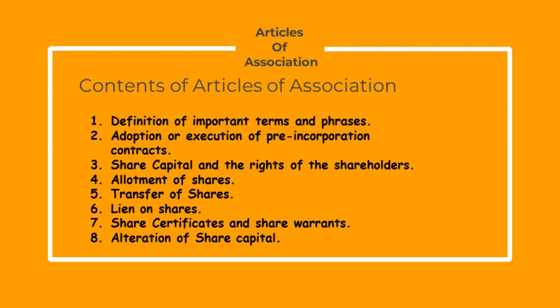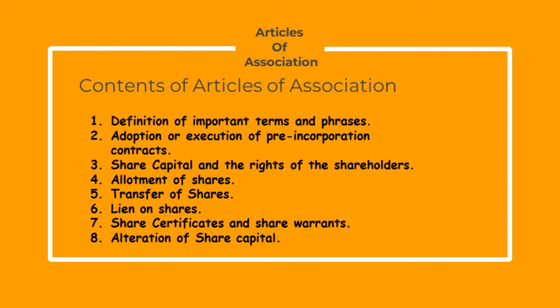Such an alteration is inoperative and without any legal effect. But you can do one thing. Shareholders cannot be asked to pay more than their liability by alteration of articles, but if they agree, you can alter the Articles of Association. That means the liability of the shareholders cannot be increased in any way unless they agree in writing.